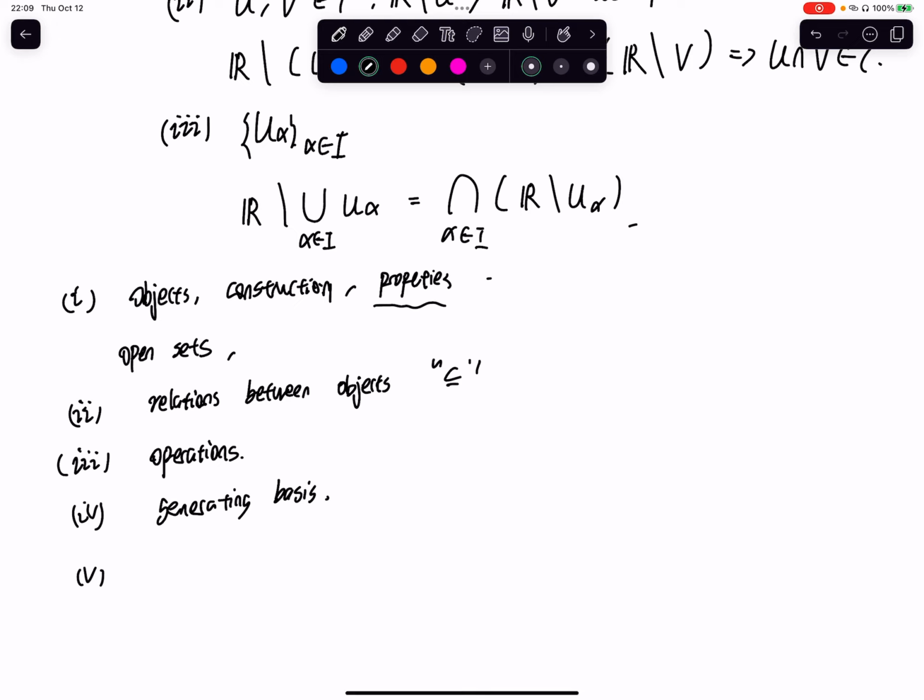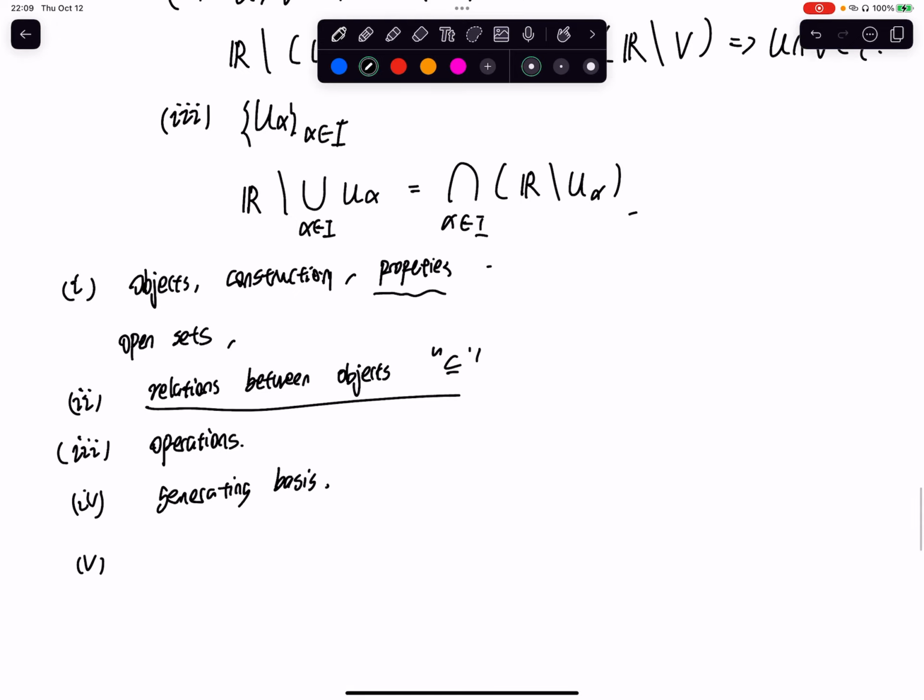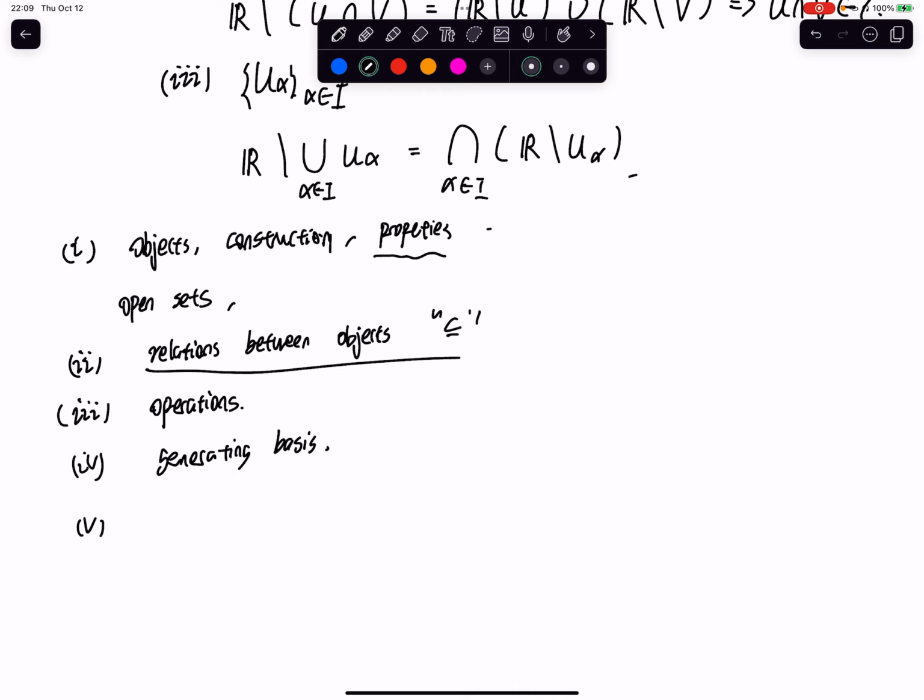And also, since we talked about the relations between objects, we introduced the relations or transformations within spaces. But in fact, we should make it in another category.